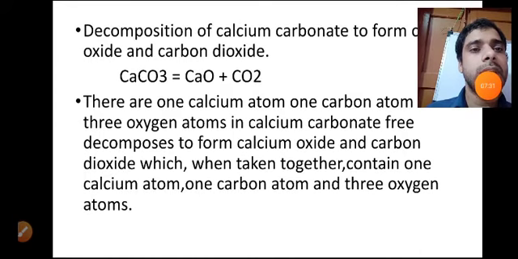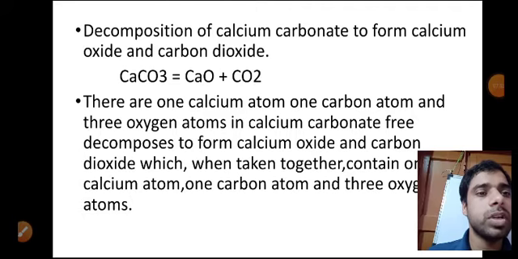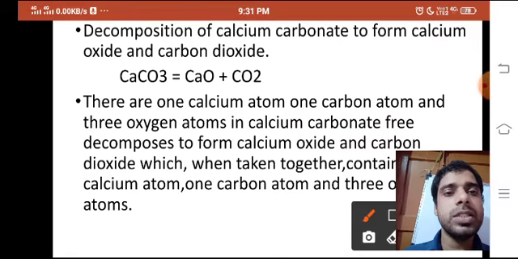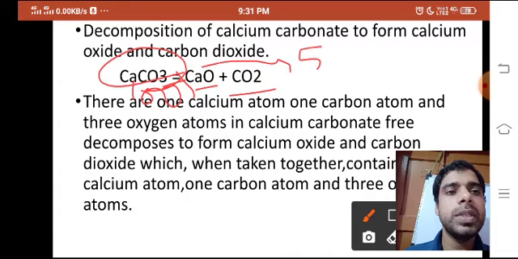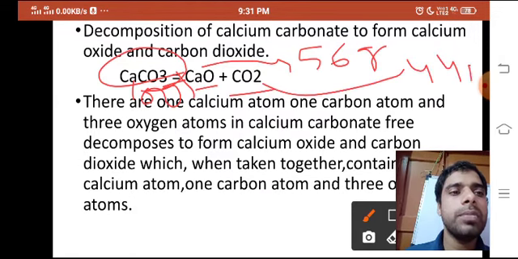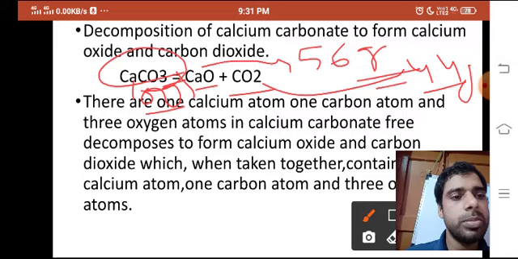Okay, now here we can see one of the reactions we have taken: CaCO3 gives CaO plus CO2. I have already calculated the mass in the previous slide: 100 gram of CaCO3, this one 56 gram, this one 44 gram, together it will make 100 gram. So 100 equals 100, mass is neither created nor destroyed.